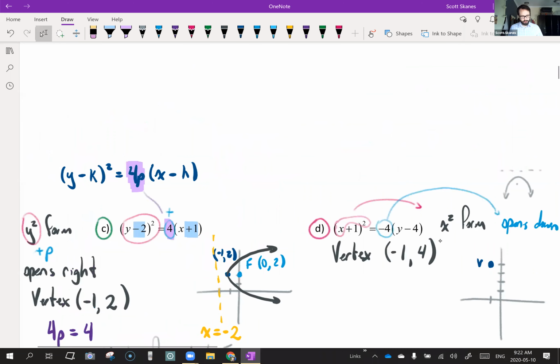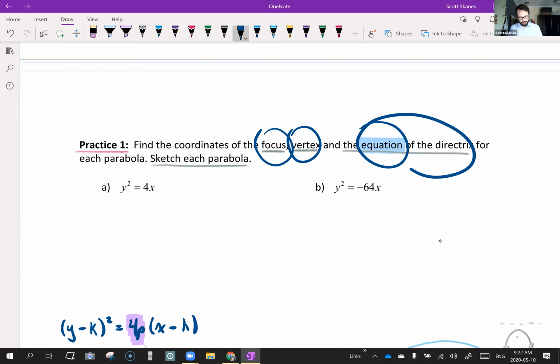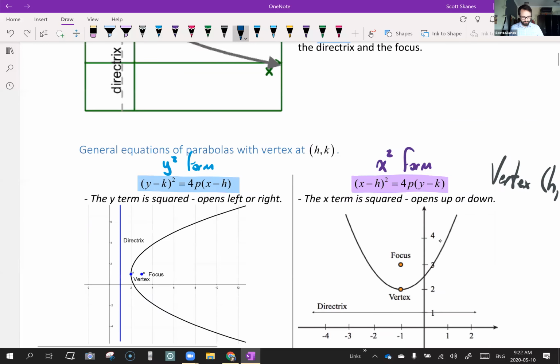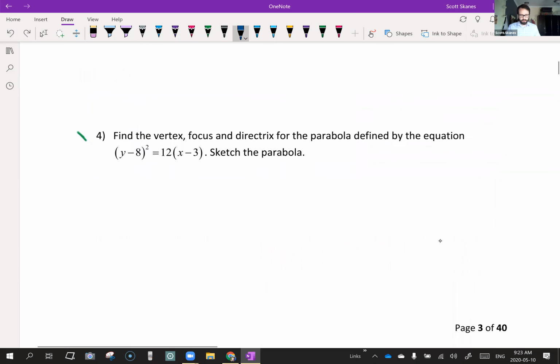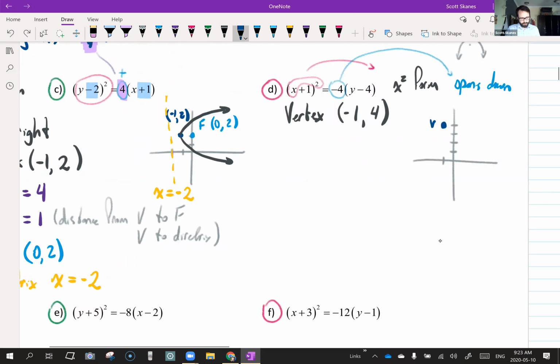I know that because if I scroll back up, first of all, I need the focus, vertex, and the equation of the directrix. Or if you go back to the page 2 pages ago, these are the 3 important things: focus, directrix, and vertex. We're always looking for the 3 things. Those 3 things fully describe our curve. So let's keep going here.